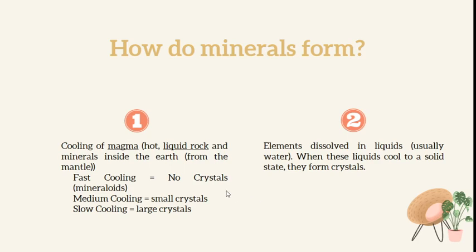The formation of crystals depends on the manner of cooling. If it is fast cooling, no crystals can be found. If it is medium cooling, small crystals. And if it is slow cooling, which is the ideal one, large crystals can be found. Again, crystallization through cooling of magma and lava.